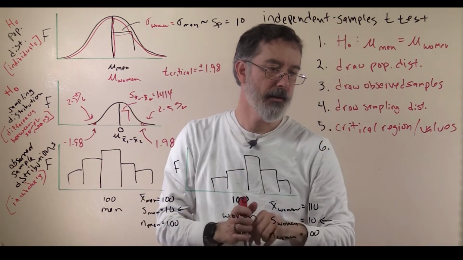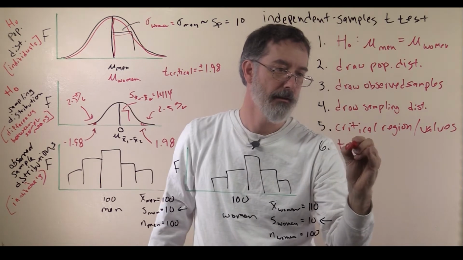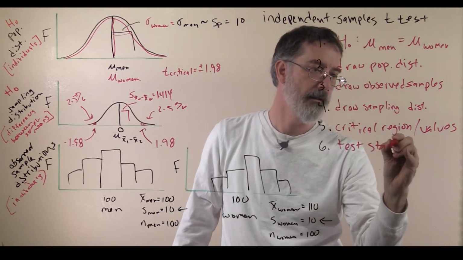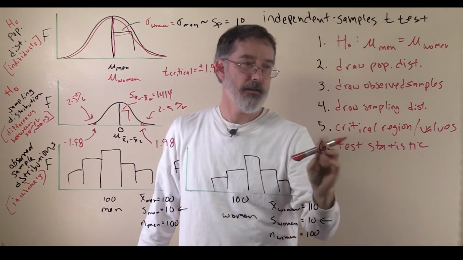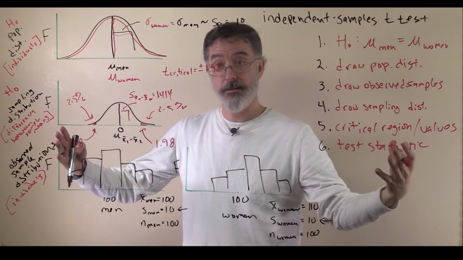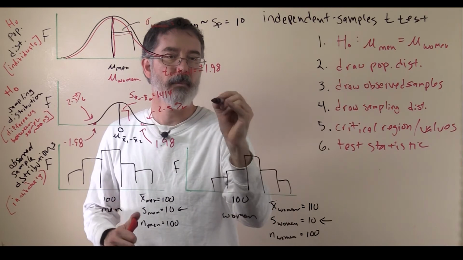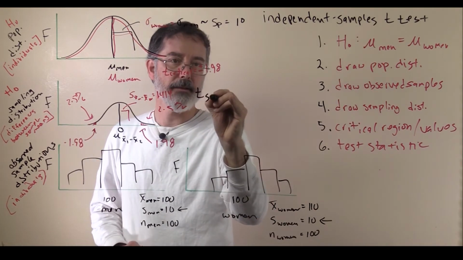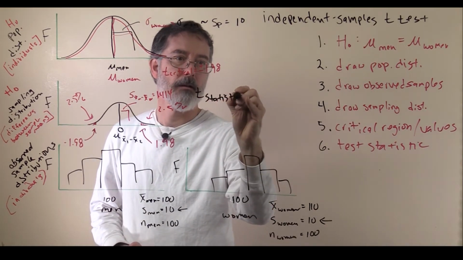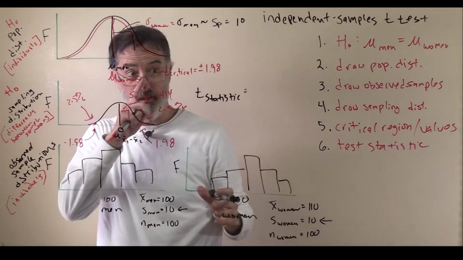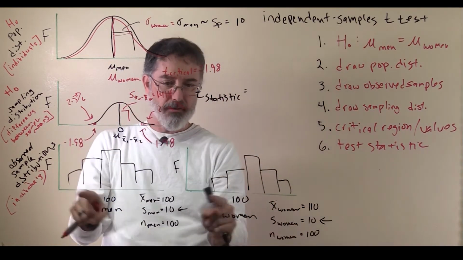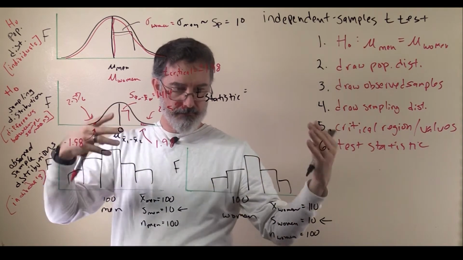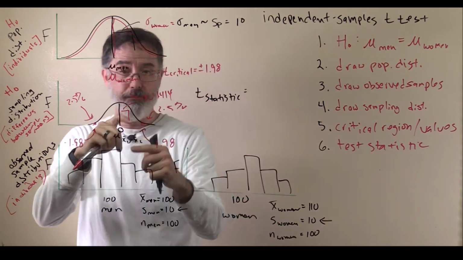will be to calculate our test statistic. And remember, for all of our t-tests, our test statistic is a t-statistic. And the t-statistic is a z-score. And it's the z-score that tells us where our observed sample situation is on this distribution.